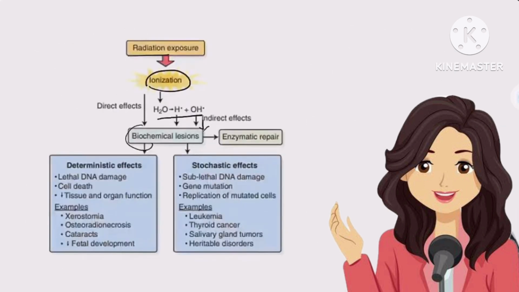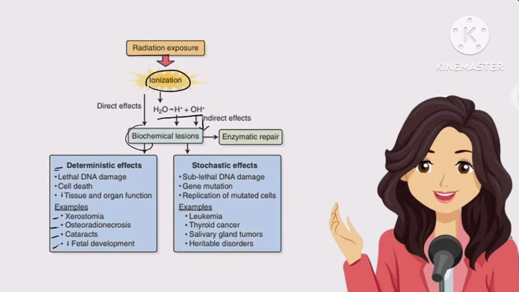Now, examples they have given here. Deterministic effects: xerostomia, osteonecrosis, cataract, decreased fetal development are all deterministic effects. They are seen when a particular threshold dose is crossed.